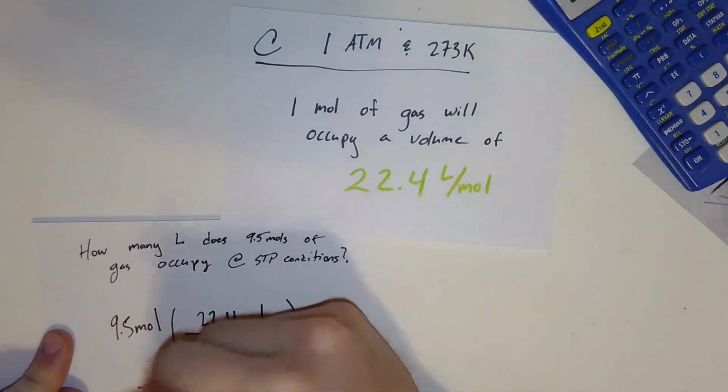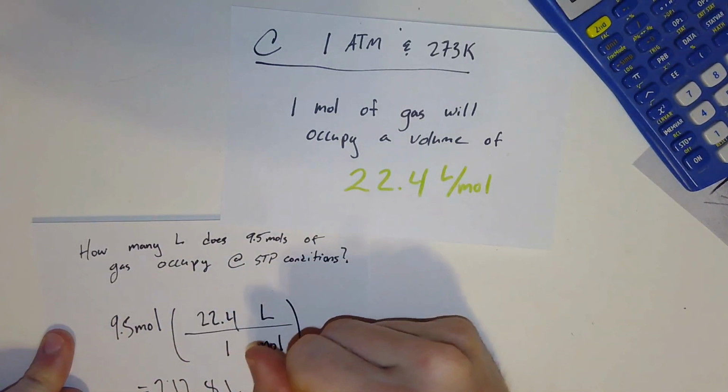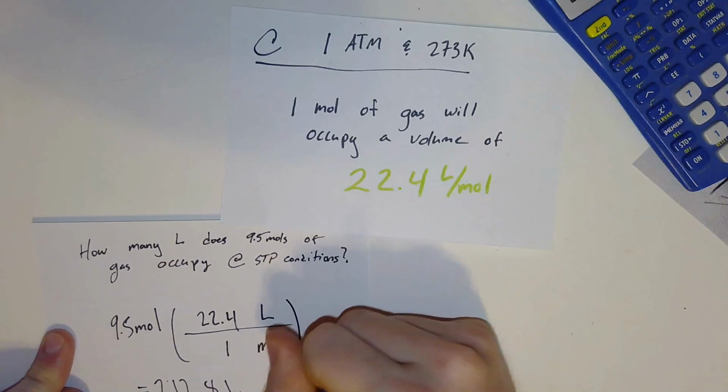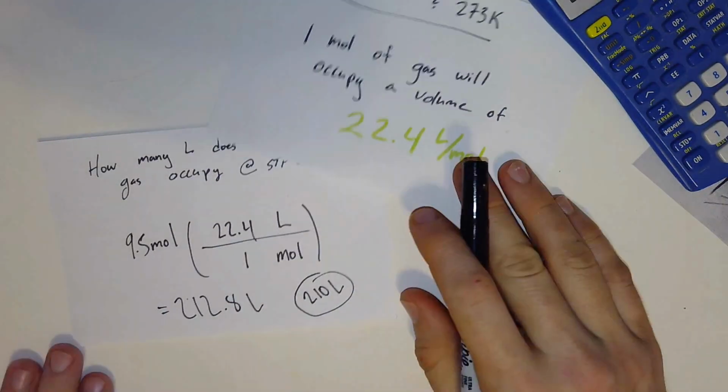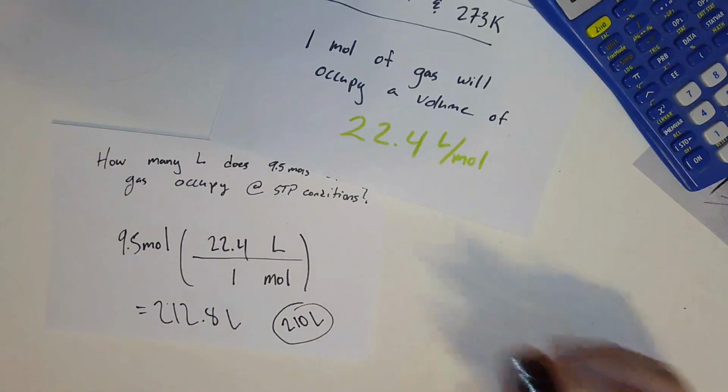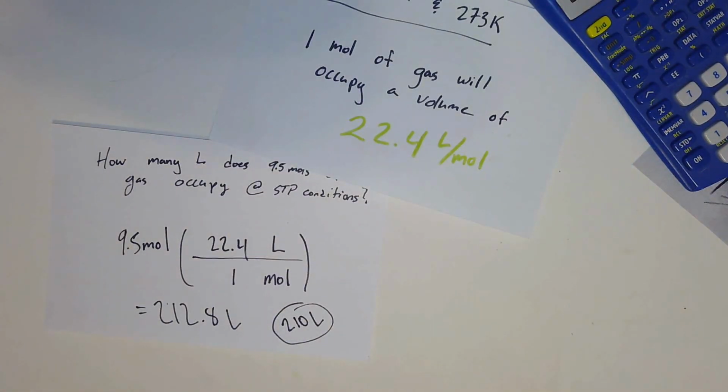Now, technically, my best answer would be 210 because of sig figs, but the conversion factor is still the same. Sorry about that. So that's not so bad, actually. It's just using a conversion factor. And I can flip that conversion factor over to go the other way.